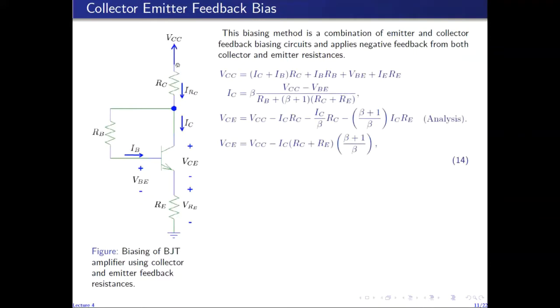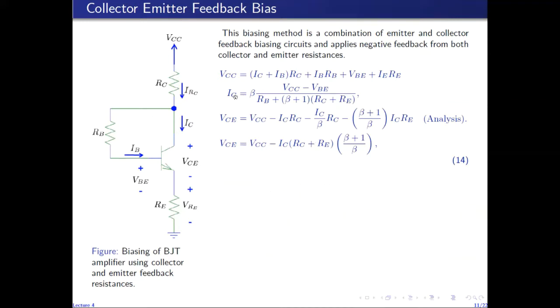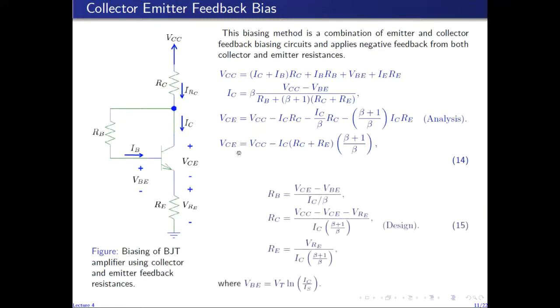So writing the voltage equation around this loop, we can find the collector current, which is given by this equation, and similarly writing an equation around this loop, we can find the output collector to emitter voltage, which is given by this equation. So given the circuit, we can find the bias point using these two equations. On the other hand, given the bias point IC and VCE, we can design the circuit using these relations.